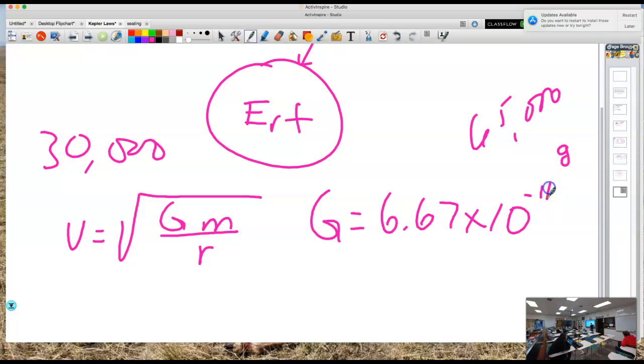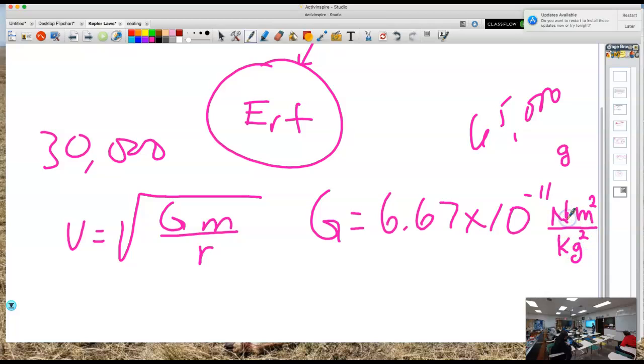Do you have units there? Did you look it up then? Yeah. What are the units? Units, meaning the stuff that goes with it, like R, like distance is meters. Newtons times meters squared over kilograms squared.